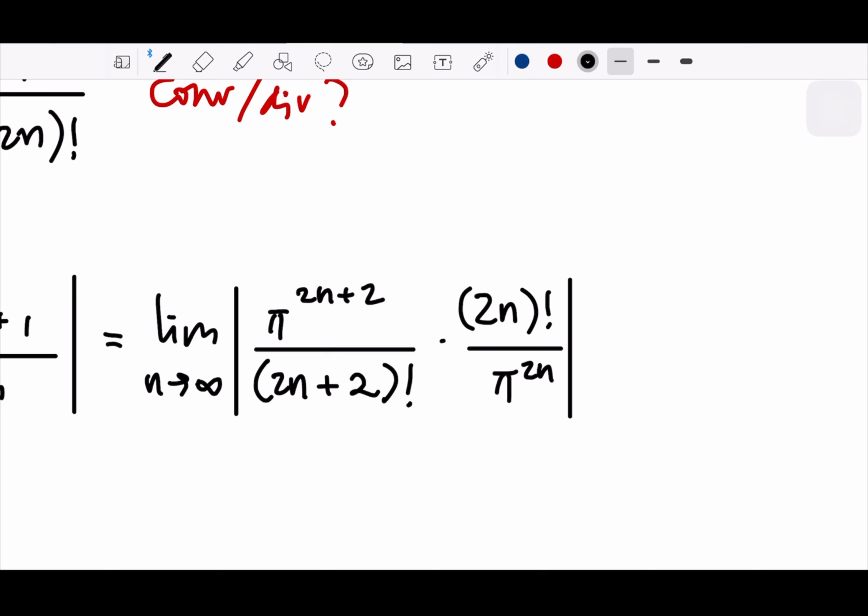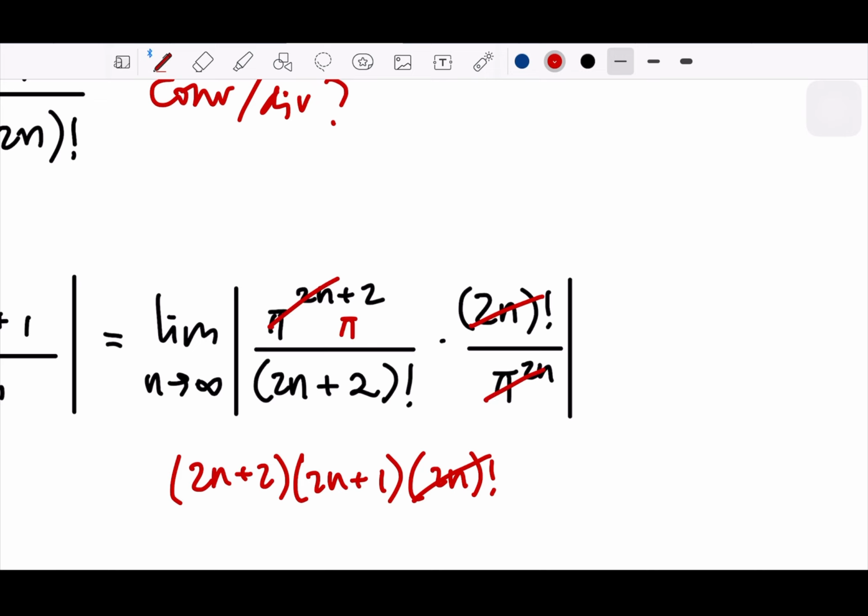And then remember the factorial property, okay? If you have 2n plus 2 factorial, this means 2n plus 2, times 2n plus 1, times 2n factorial. So we can cancel the 2n factorials, and we can cancel the powers of pi, leaving pi squared.